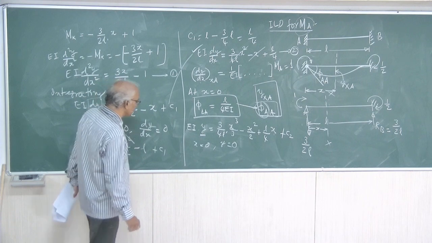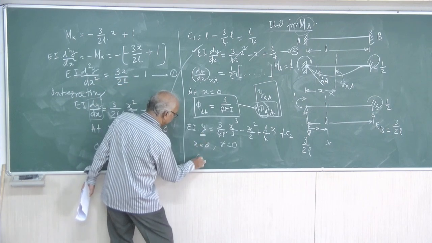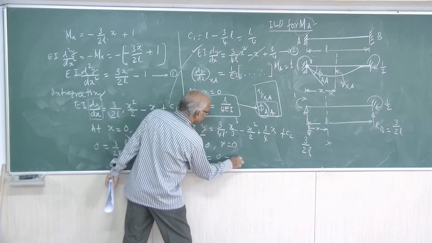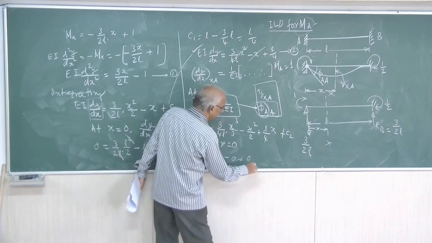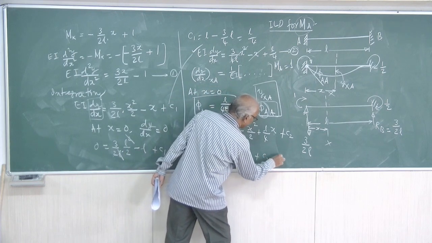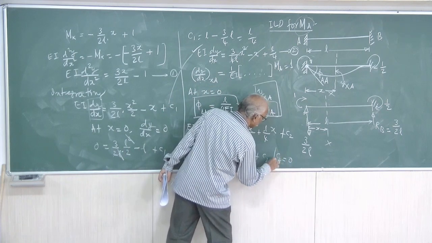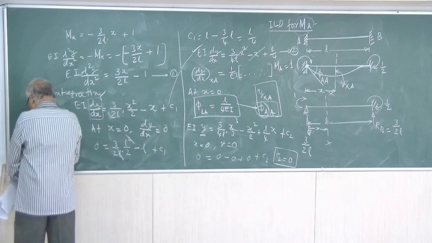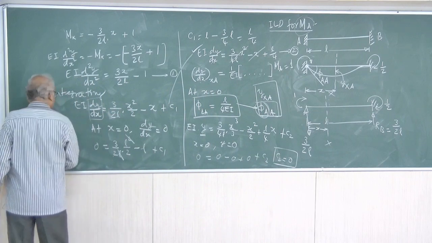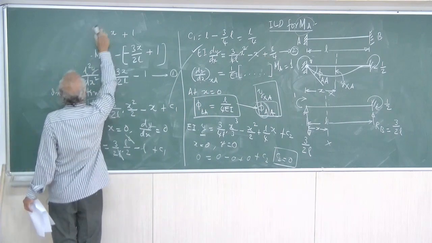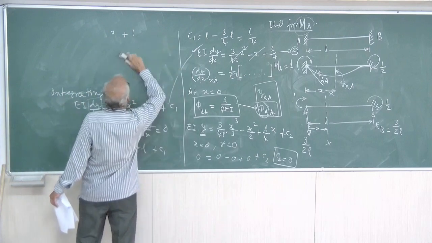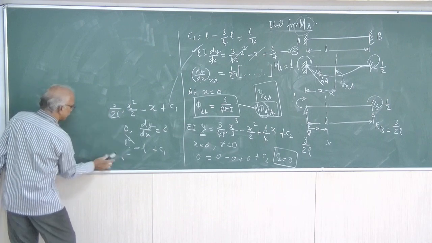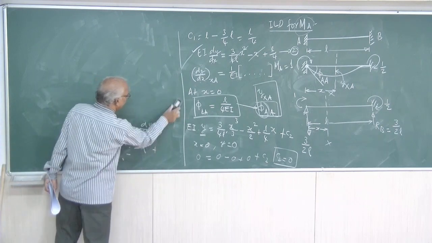Substituting, 0 equal to 0 plus 0 plus 0 plus C2. Therefore, C2 equal to 0. Wherever you have x, substitute x equal to 0, and wherever you have y, substitute y equal to 0. These values are not required.